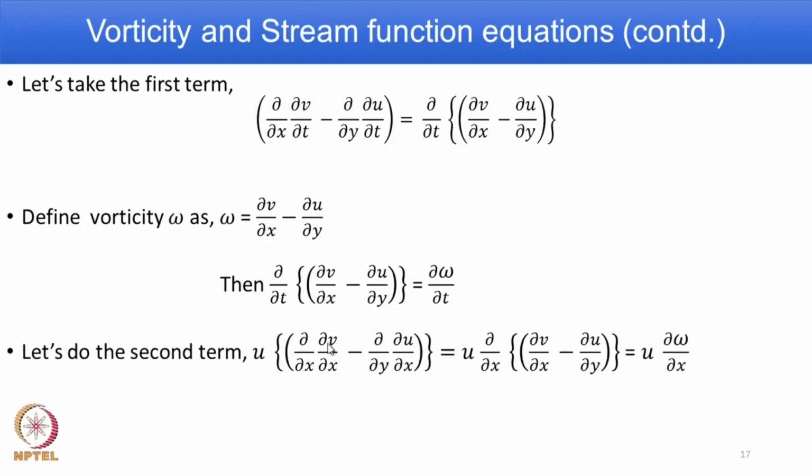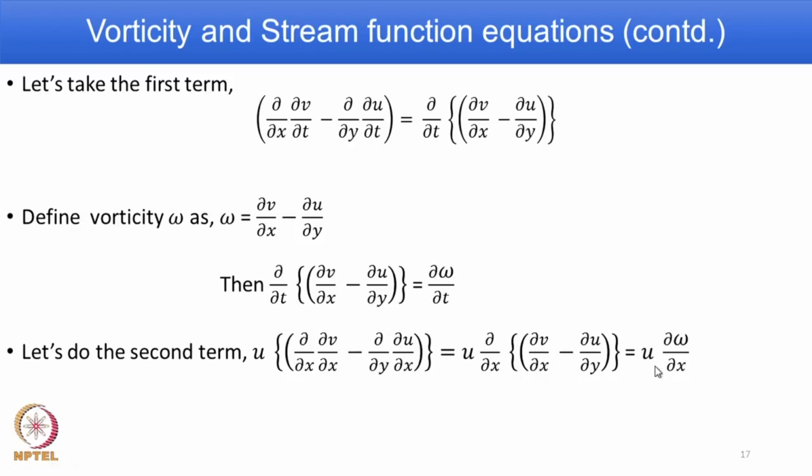Again, you can recognize dou v by dou x, which is coming from the second term in the y momentum equation. Take a partial derivative with respect to x, then dou u by dou x, which is the second term in the x momentum equation. Take a partial derivative with respect to y, subtract one from the other, then take a common term dou by dou x outside, you get dou v by dou x minus dou u by dou y inside the bracket, and this term is same as what is shown here, and we define that as a vorticity.